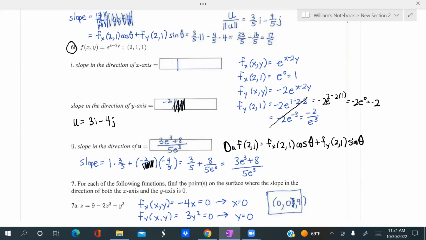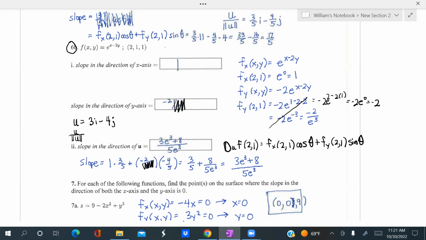Okay, and then now we have to figure out what the cosine and sine are for the direction of our given vector u. Well, we can determine that easily, just by normalizing u, just by putting it in unit form. So let's calculate u divided by its magnitude.